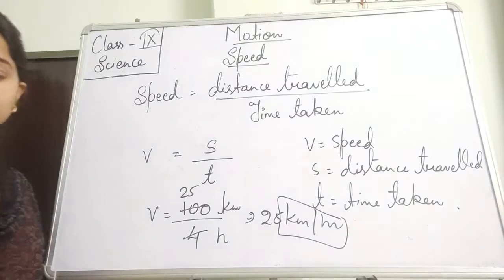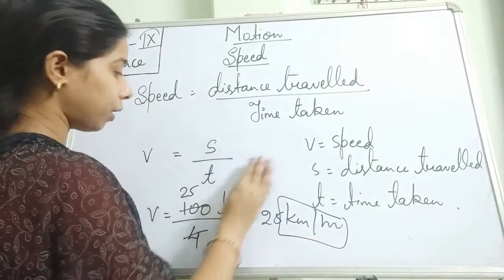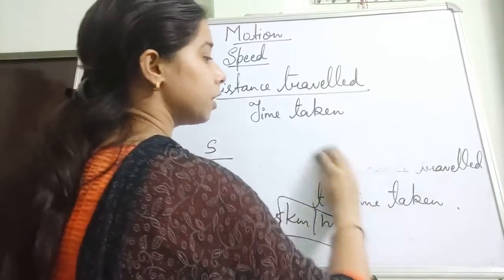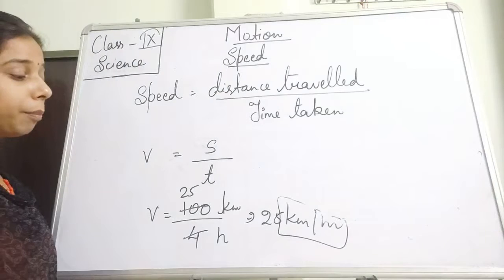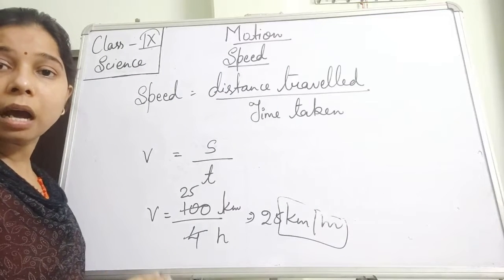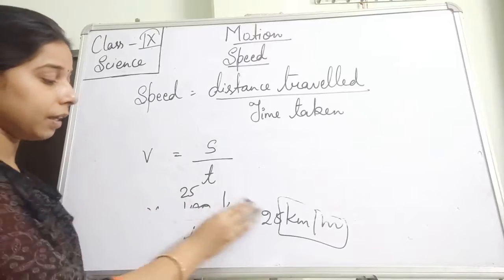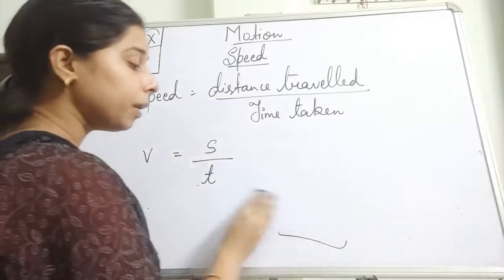What are the different units in which we can measure the speed, students? Now we will see what is the SI unit of speed. Basically we have taken kilometer per hour here because the distance is in kilometer and the time is given in hour.